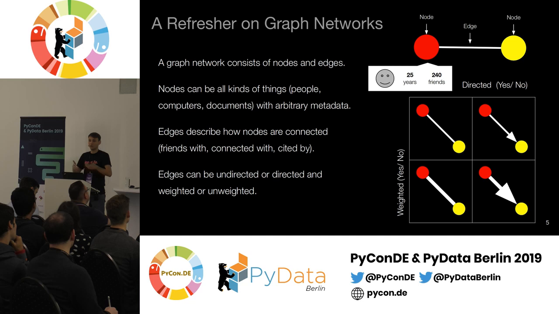When you follow somebody on Twitter, that is directed, obviously, because it's one-sided. And you can say that every edge has the same weight, so it's binary: an edge is present or it's absent. Or edges can have their own weight. You're much more friends with this person than you are with this other person, for example.